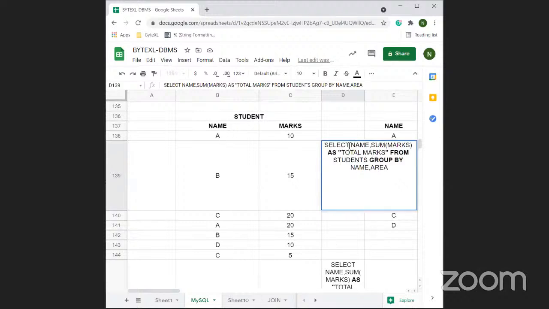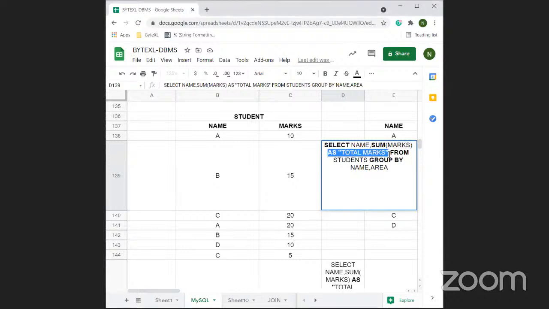Now this sum, excuse me. So select name, name is a column. Sum is an inbuilt function, and sum of marks. I want to find the sum of marks of the students. But each student has multiple data, right, in our table. We can't do that directly.